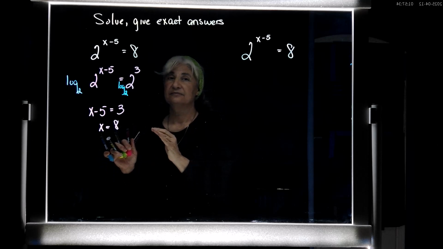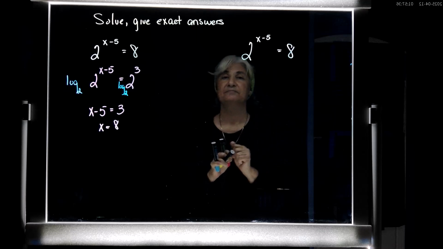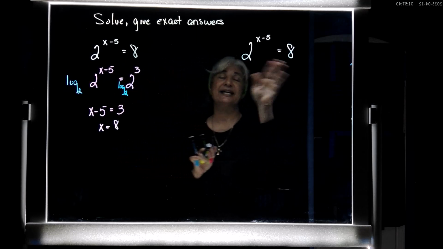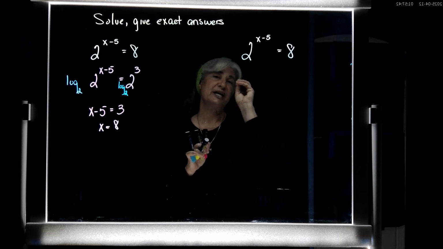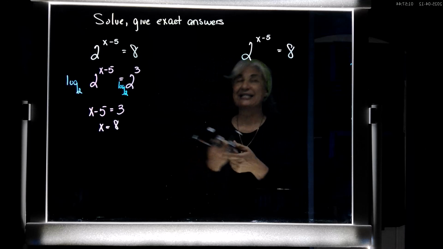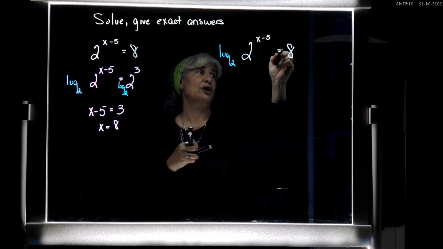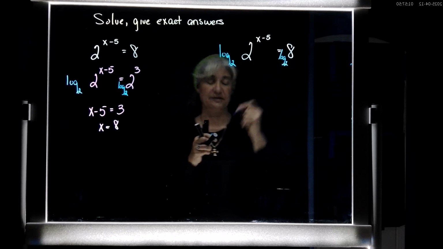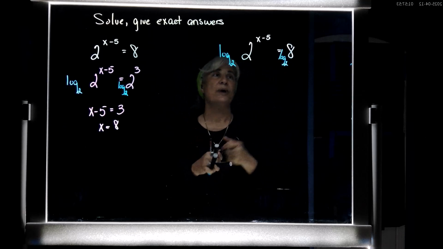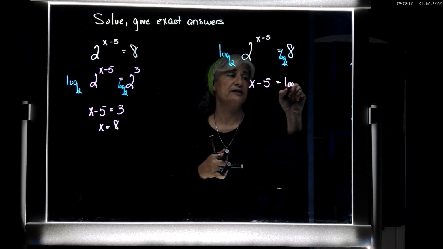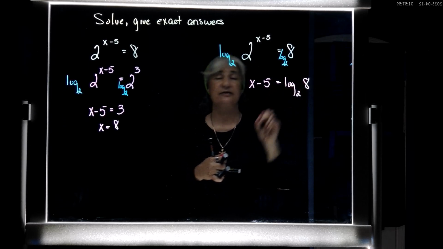Now, this one. If my bases are not the same, or I can't get them the same, I'm going to have to go straight to taking the log of both sides. So we're going to do log base 2 on both sides. When I do that, I get x minus 5 equals log base 2 of 8.